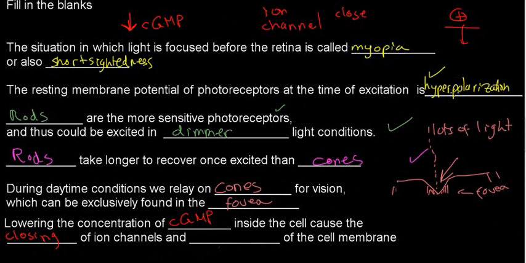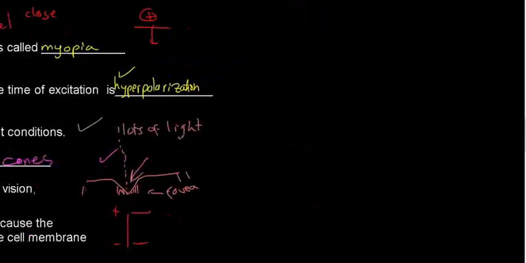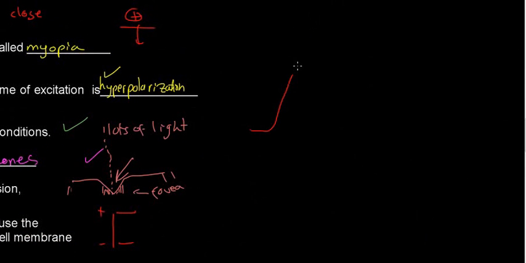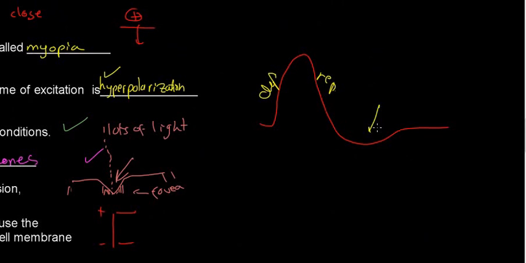What's left to understand is what happens when ion channels close. Positive charges can't come in, and when positive charges can't come in, my membrane potential goes from being slightly more positive to being slightly more negative, and it'll cause a hyperpolarization of the cell membrane. And one last thing I'd like to address is that in the well-discussed action potential graph, oh my God, this is horrible. There we go, something a little bit better. In the well-discussed graph, we know that this is depolarization, this is repolarization, and this is the hyperpolarization.